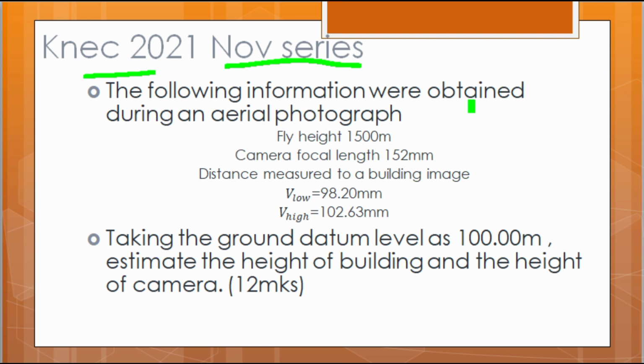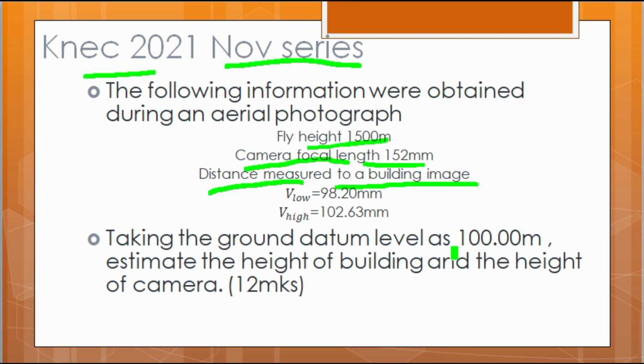The following information was observed during an aerial photography. We had a flying height of 1500 meters, a camera focal length of 152 millimeters, and the distance measured to a building image. There is a V low and a V high, both in millimeters, given there.